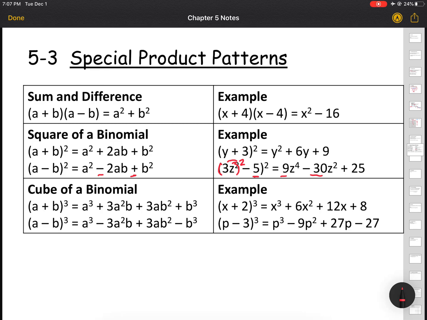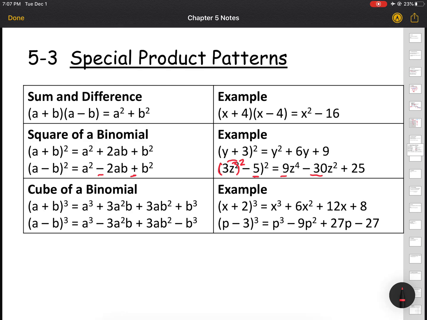Okay, and for example, x plus 2 to the third power, my first term to the third power, plus 3 times a squared times b, or the first term squared times the second term there. Then the third term of that will be 3 times our first term times our second term squared, and then finally plus our second term to the cubed power, which was 8.